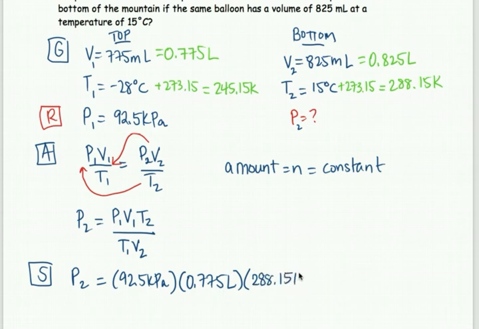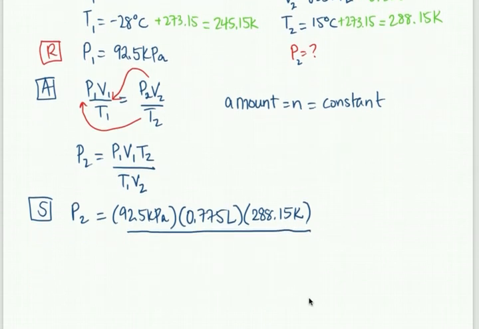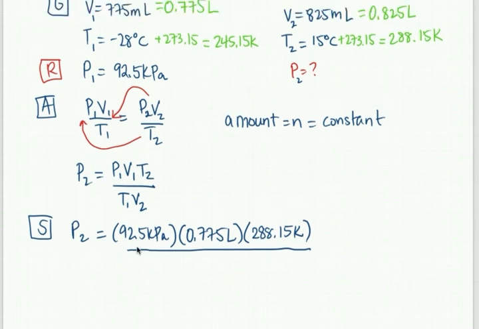288.15 kelvins. I know you're on your own, so say these things out loud so that you get used to the terminology and how to pronounce things. The initial temperature is 245.15 kelvins, capital K, and the second volume is 0.825 liters.